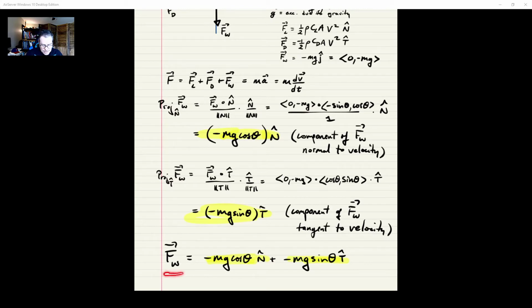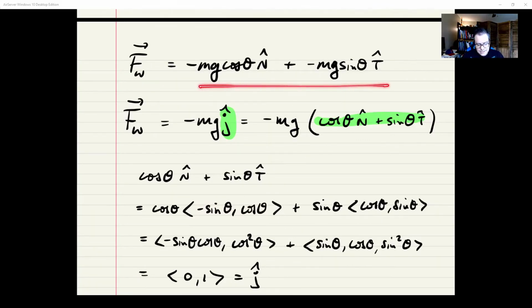And so I'm claiming that the total weight of the glider is the combination of those two forces, and you can see it sort of geometrically, but there's also a nice little algebraic way to confirm this. This is the force due to the weight as I've just derived it, and I'm claiming that it's the same as this expression.